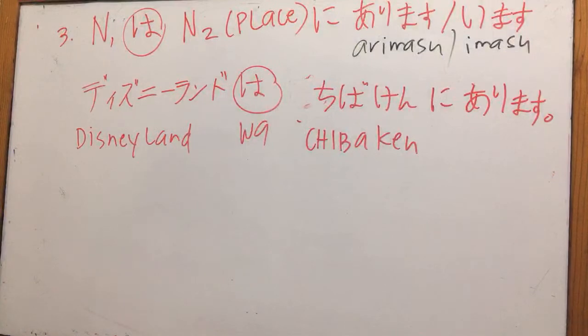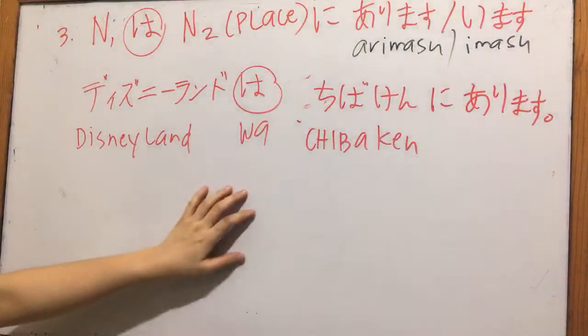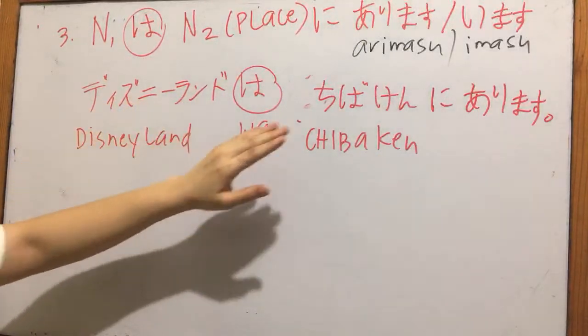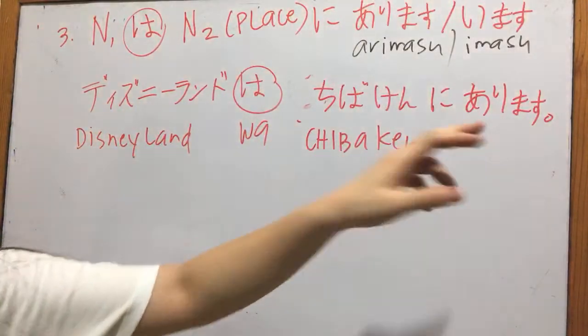Okay, so Tokyo Disneyland, or Disneyland only. Disneyland is in Chiba Prefecture. Disneylando wa Chiba-ken ni arimasu.